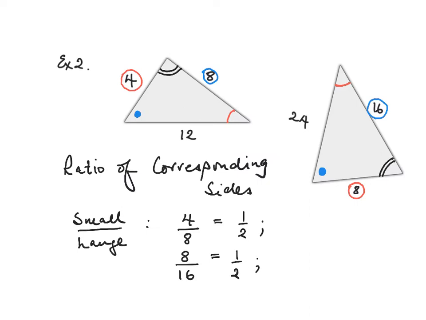And the last thing we do is we look at the largest side in the smallest triangle. The smaller triangle it's 12, and in the larger triangle it's 24. So you can see that these ratios are all the same.